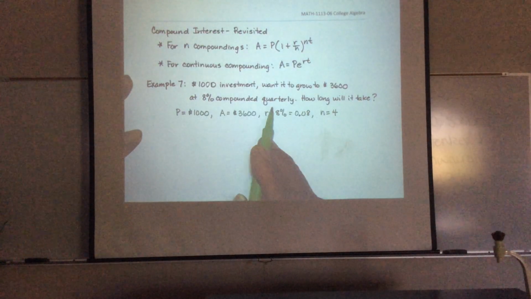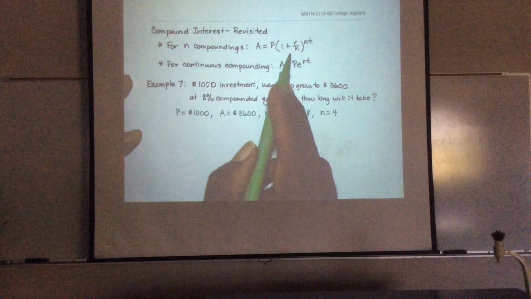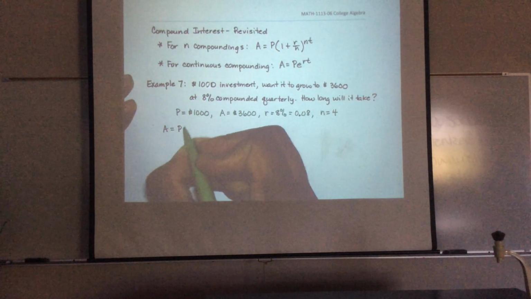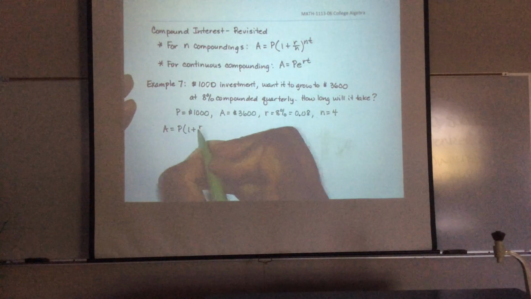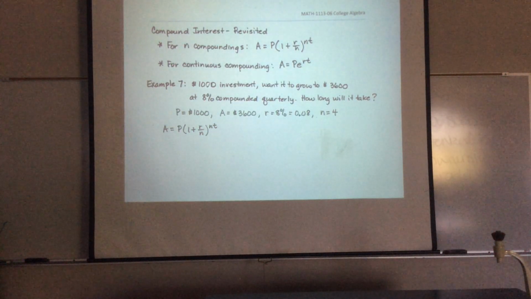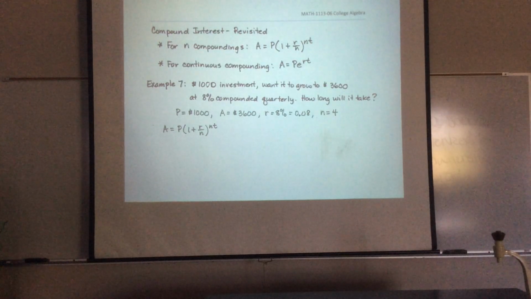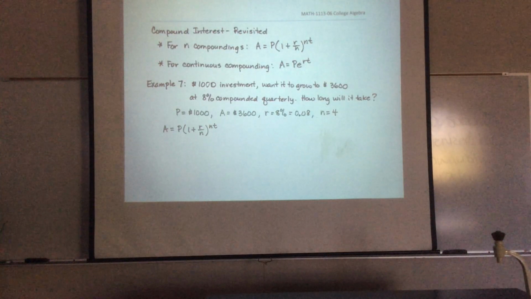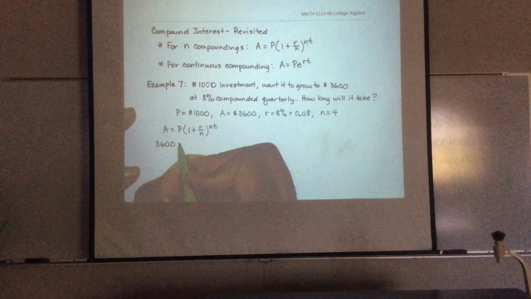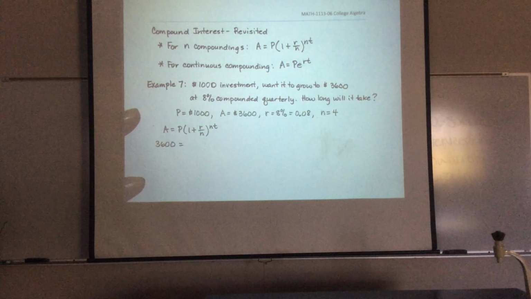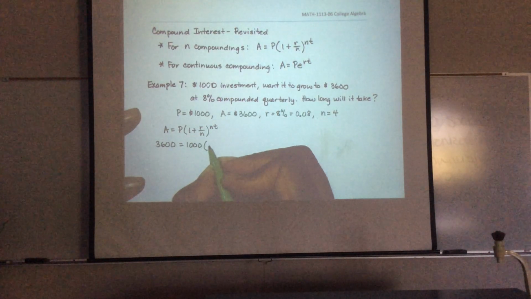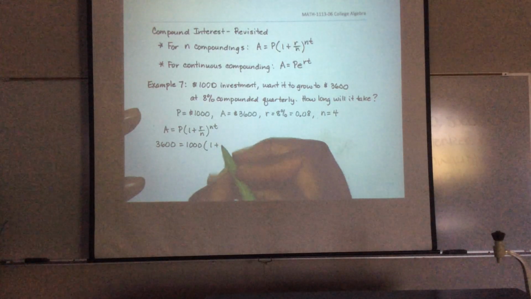Okay, now for n number of compoundings here, we must use that formula. A is equal to P times 1 plus r divided by n, and that will be to the n times t power. And now we're going to substitute those values into that particular formula. So A is 3,600, and that's going to be equal to your P, that would be 1,000, multiplied by 1 plus r.